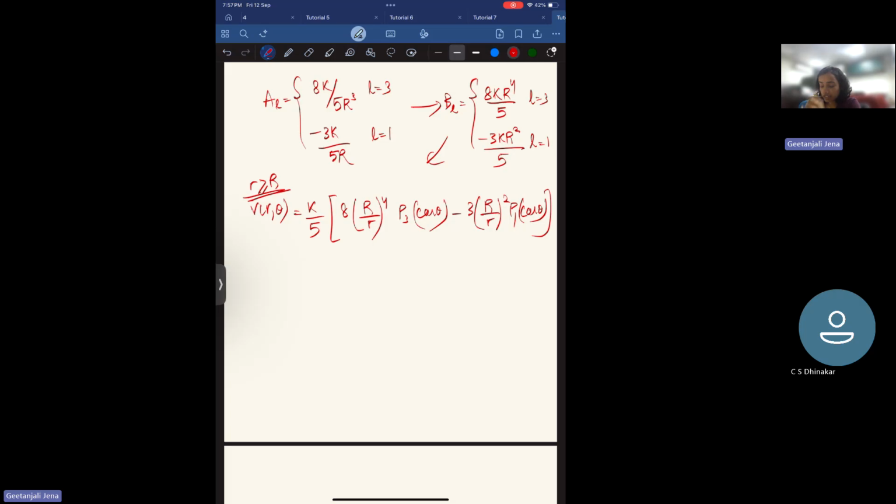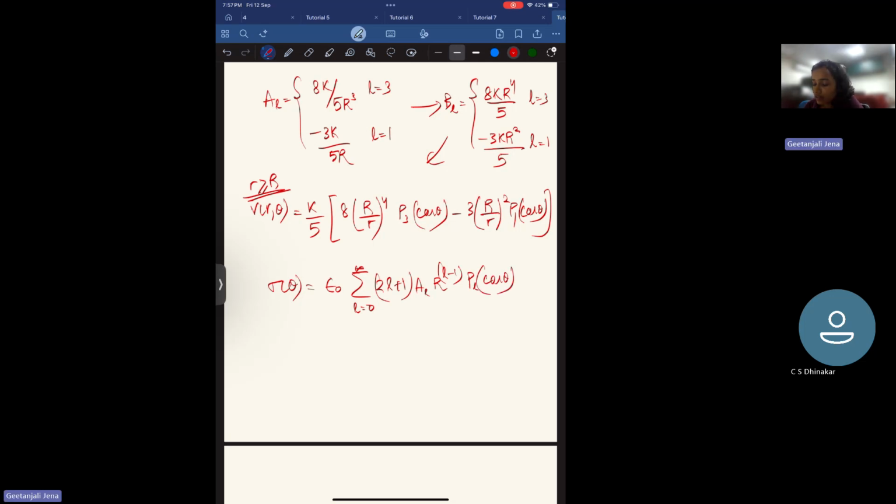For the surface charge density, this is related to epsilon naught summation L from 0 to infinity (2L+1) A_L R^(L-1) P_L cos θ.